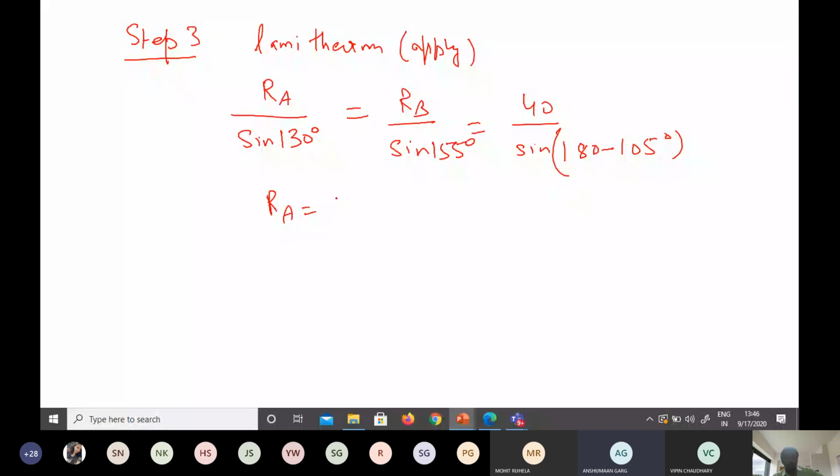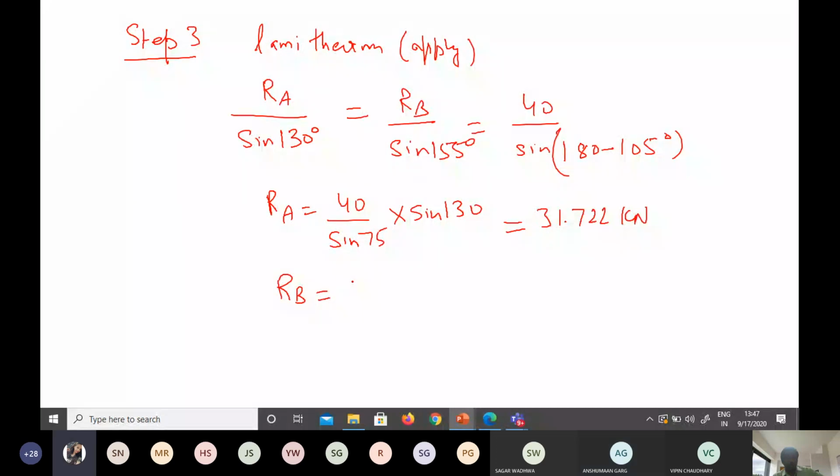Now calculate and tell me the values of RA and RB. RA will be 40 upon sine 75 into sine 130. Tell me the value you are getting. Sir, RA is coming out to be 31.722. And RB?